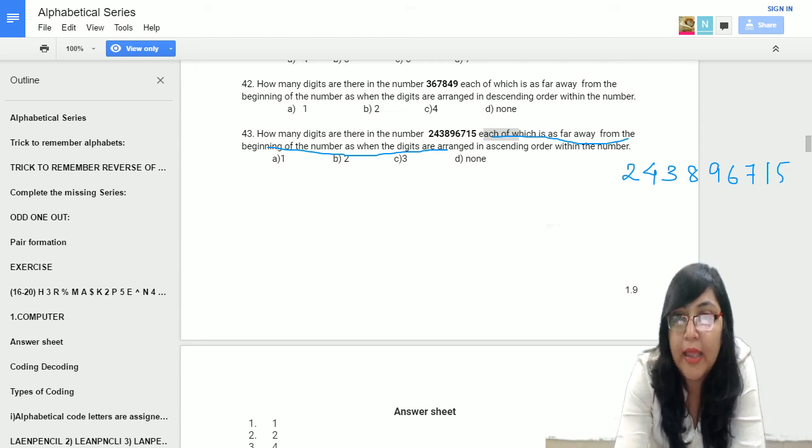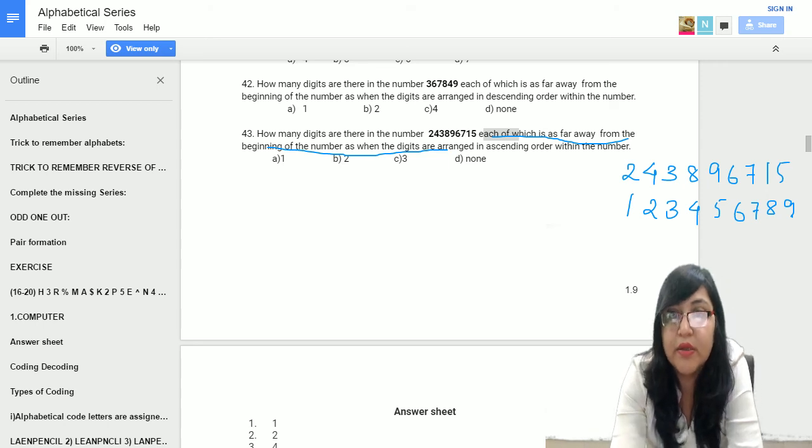Next, you have to arrange the digits in ascending order. So you have 1, 2, 3, 4, 5, 6, 7, 8 and 9.